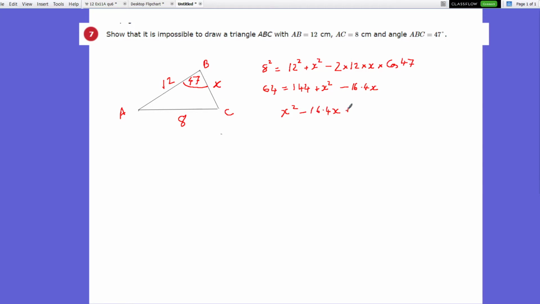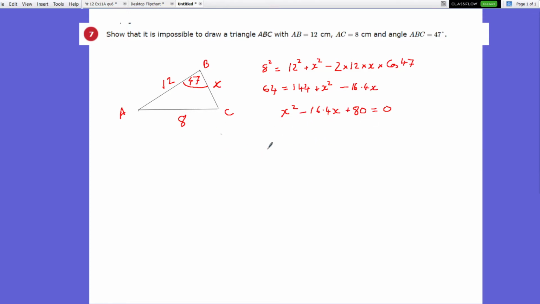So that's going to have plus 80, and all of that is going to equal 0. Literally all I've done is got that 64, brought it to the other side by subtracting it, and 144 take away 64 gives me positive 80, and that's got to all equal 0. It doesn't matter which way around you put it.